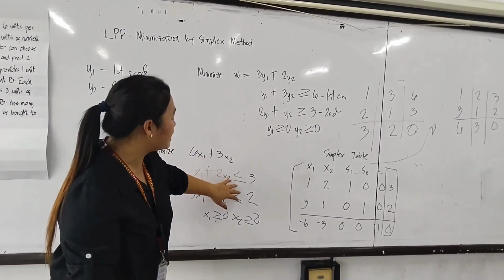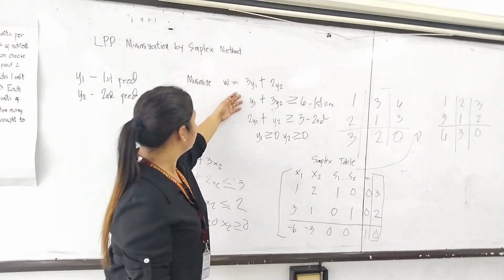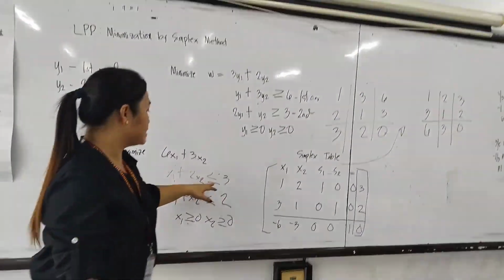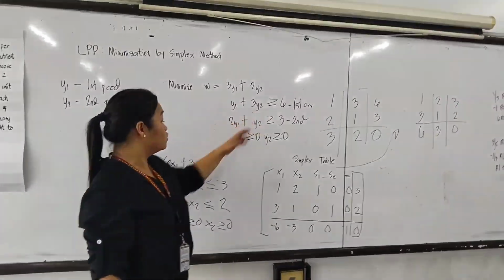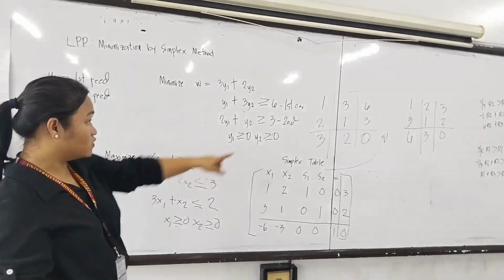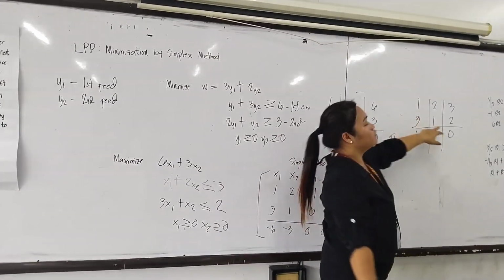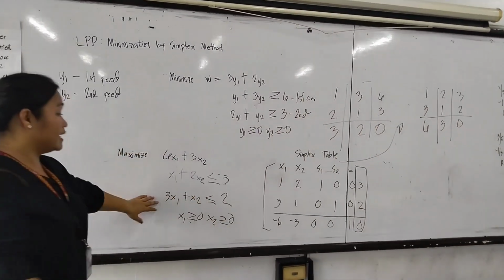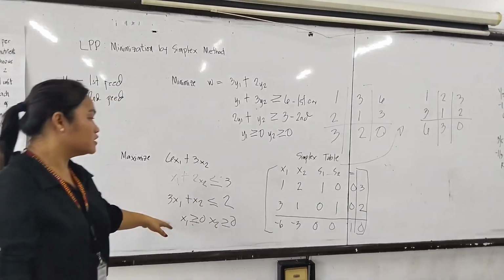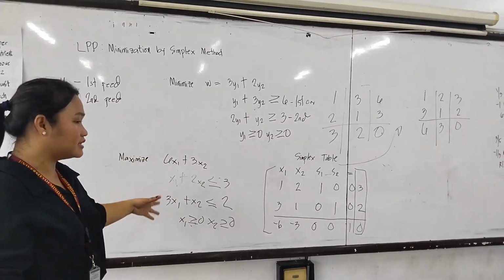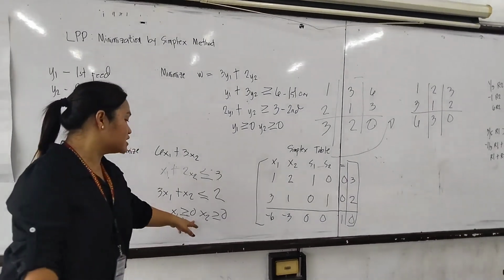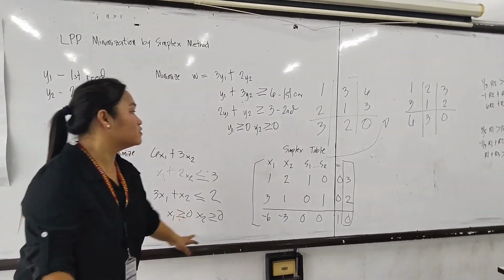Because we are already in a maximization problem, we also change the sign, from greater than or equal to, to less than or equal to 3. Next, the second constraint: 3x1 plus x2 is less than or equal to 2. And x1 is greater than or equal to 0 and x2 is greater than or equal to 0.